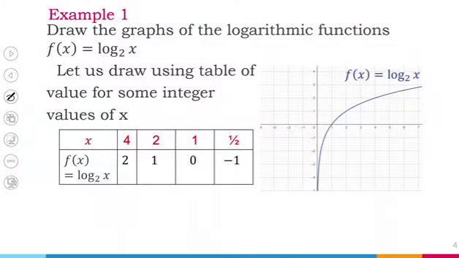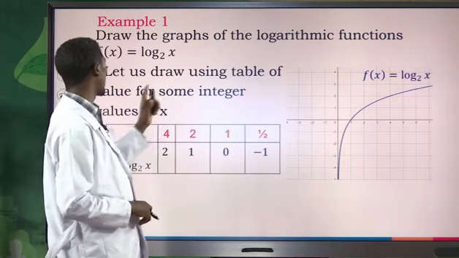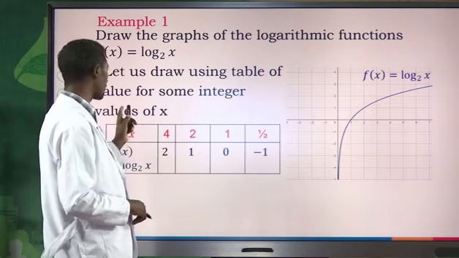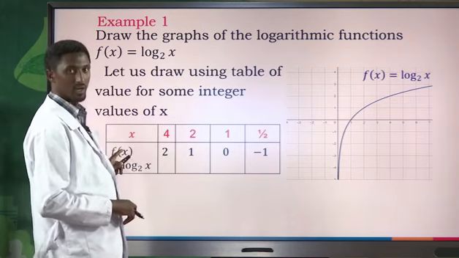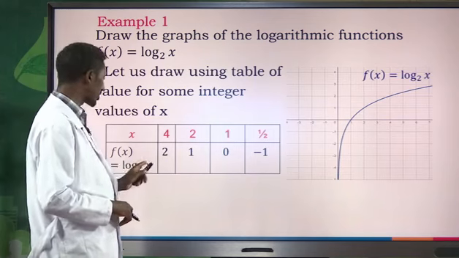Now let's draw a graph of log x to base 2 using a table of values, and later we'll determine its properties. Let's draw using a table of values for some integer values of x. Here we have x, and log x to base 2.